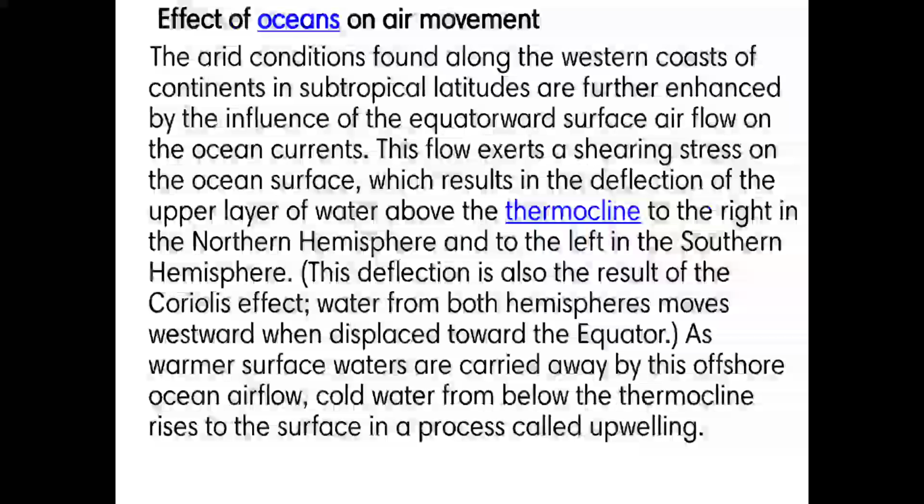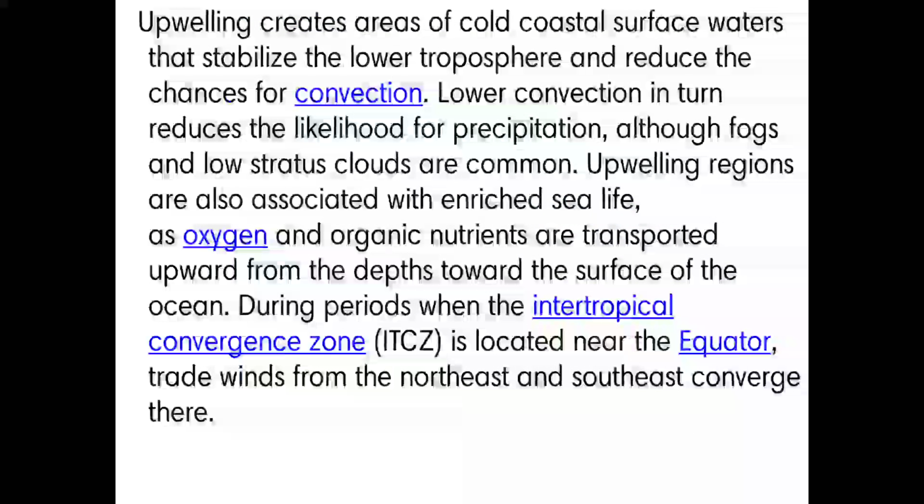As warmer surface waters are carried away by the offshore airflow, colder water from below the thermocline rises to the surface in a process called upwelling. Upwelling creates areas of cold coastal surface water that stabilize the lower troposphere and reduce the chance of convection. Lower convection in turn reduces the likelihood of precipitation, although fogs and low stratus clouds are common.